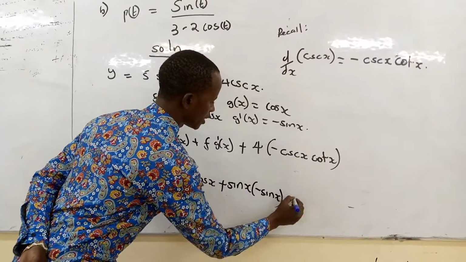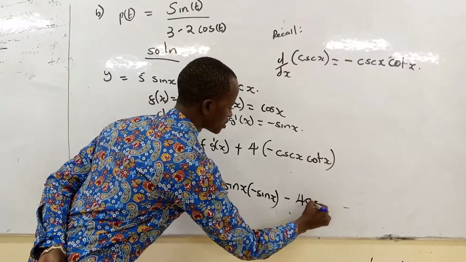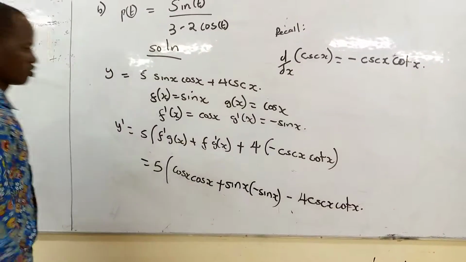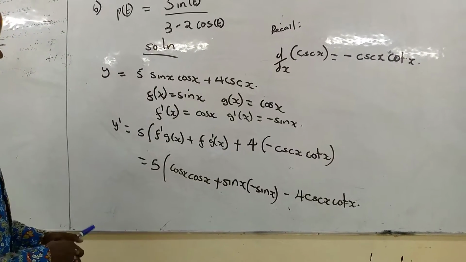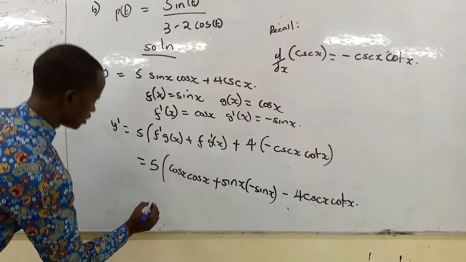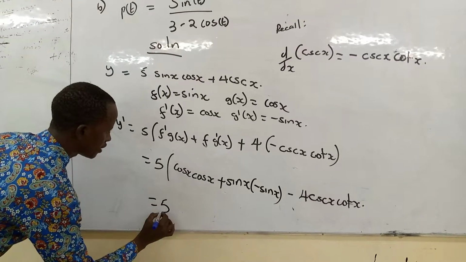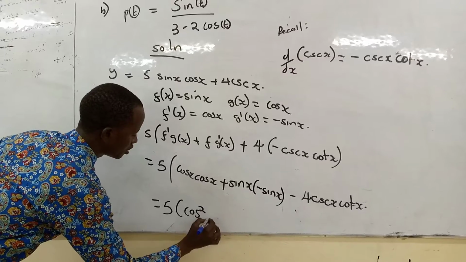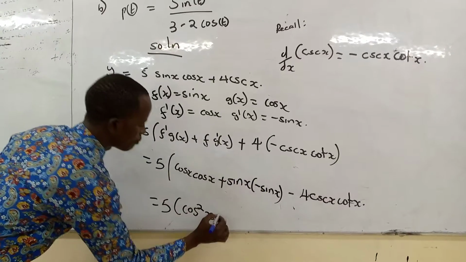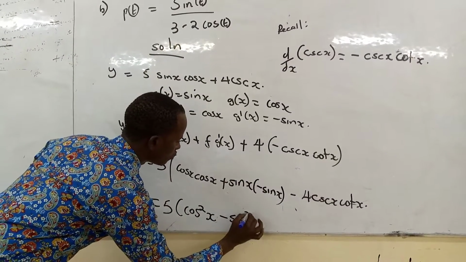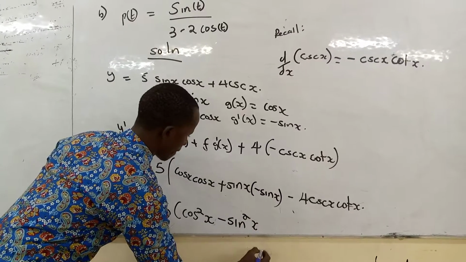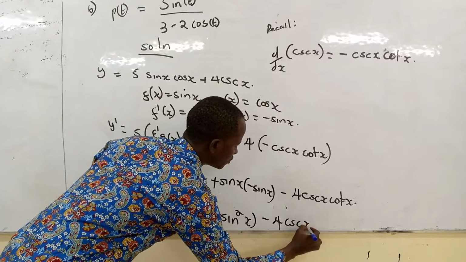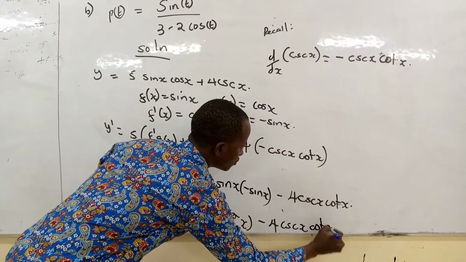Then minus 4 cosecant of x cotangent of x. So we can write the final answer: 5 times cosine of x squared minus sine of x, then minus 4 cosecant of x cotangent of x.